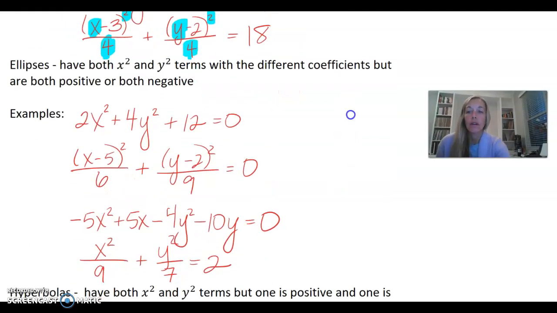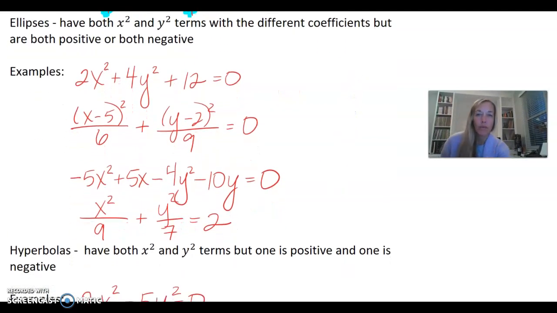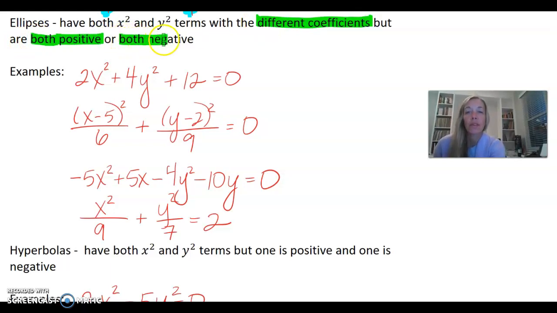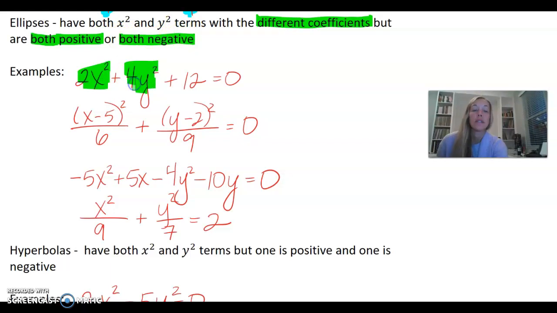All right, the next ones are called ellipses. Ellipses are sort of like ovals. You know that it's going to be an ellipse if there are 2 squared terms with different coefficients, but they're either both positive or both negative. So 2 squared terms, different coefficients, one's a 2, one's a 4, but of course they're both positive.